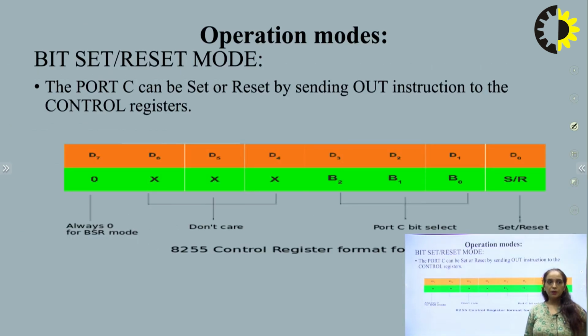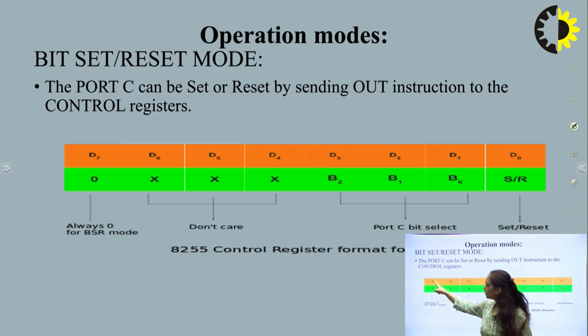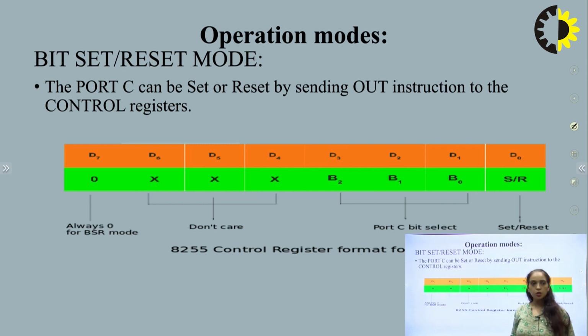Then the mode of operation can be classified into 2 parts. This control register can be read out. We have an 8-bit control register, and the bit present at D7 is used to select any mode. Your 8255 has 2 modes of operation.